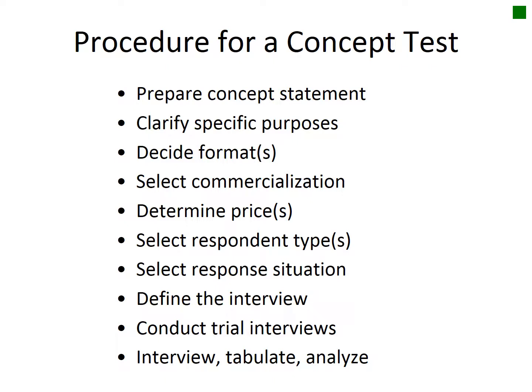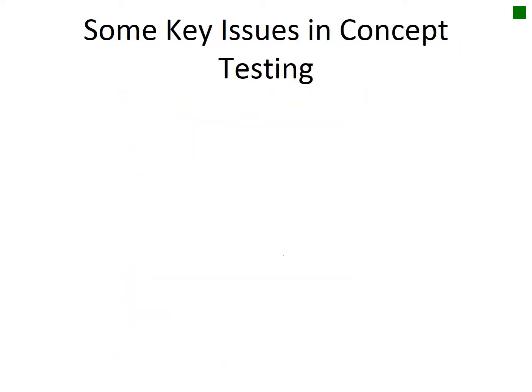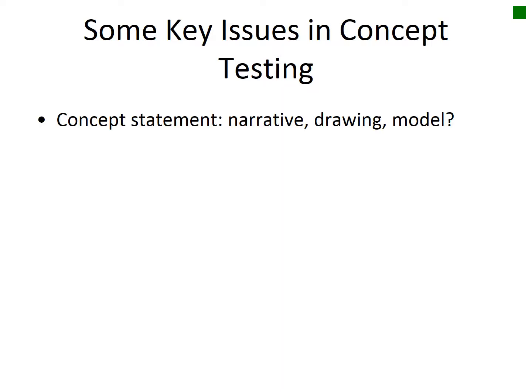Okay, so moving forward then, some key issues in concept testing involved first and foremost the concept statement. So what we'll do is we'll actually use words and we'll describe what the new product is in a very descriptive type of a way. Usually this is in a written narrative.